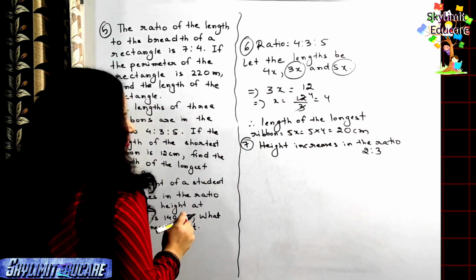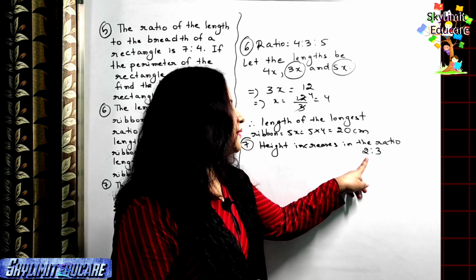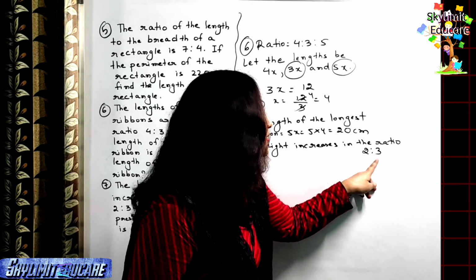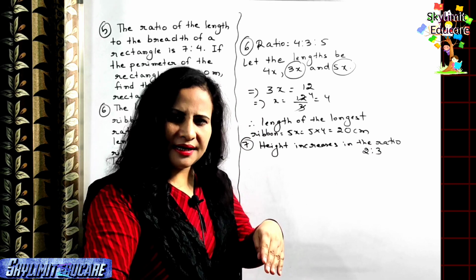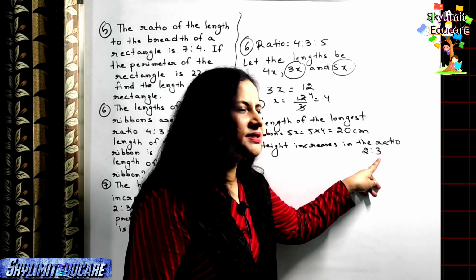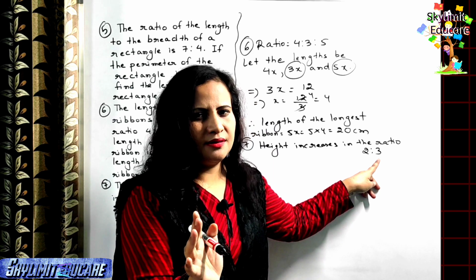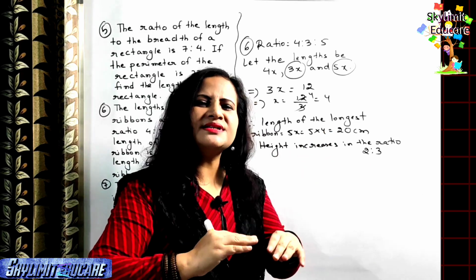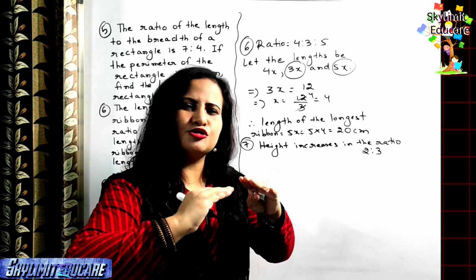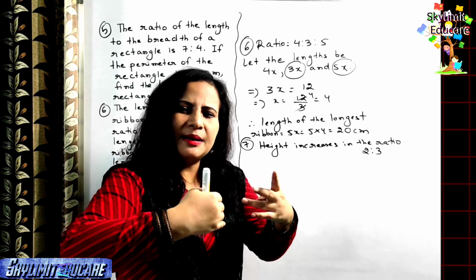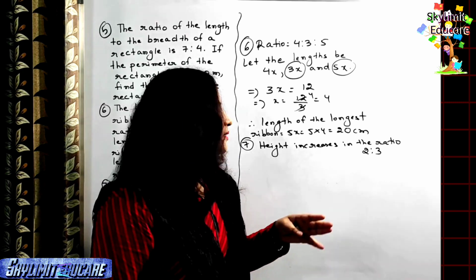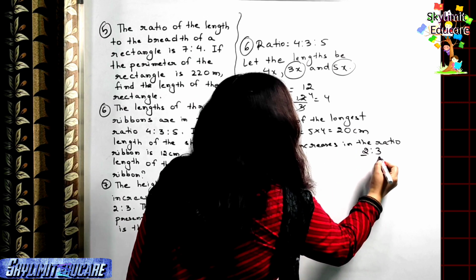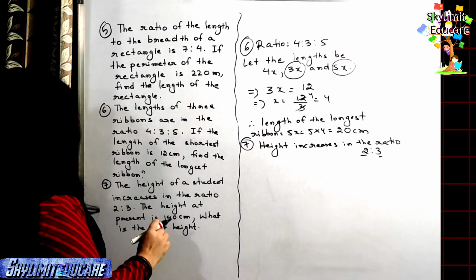That means what? 2 represents the previous height, the old height, and since there is an increase in the height, obviously 3 represents the increased height. Yes or no? As per the question, the height of a student is increasing. That means previously he was shorter and later on became taller by some centimeter, right? So 2 represents the old height and 3 represents the new height.